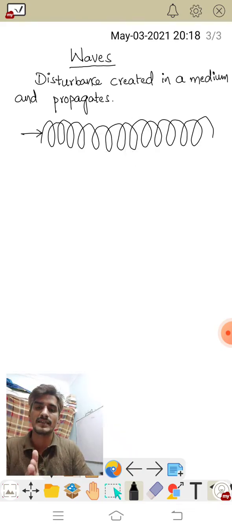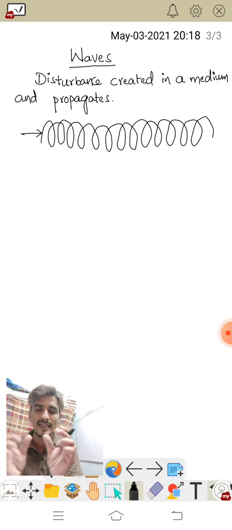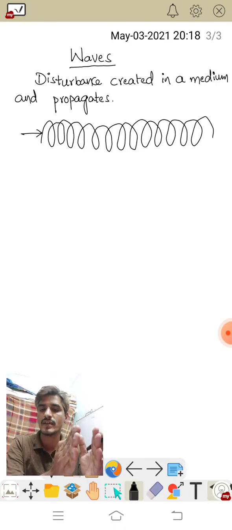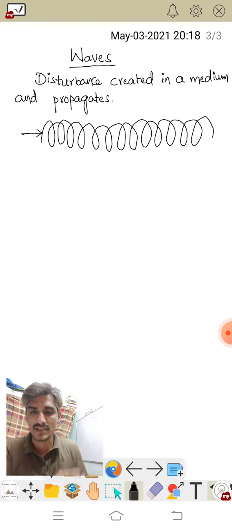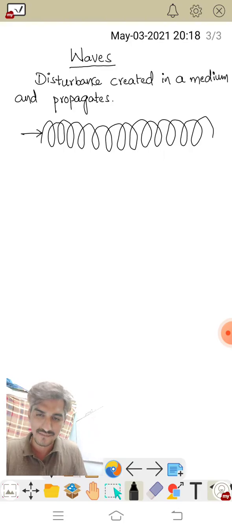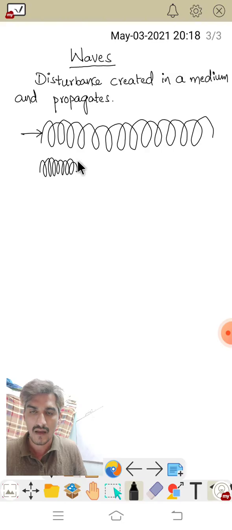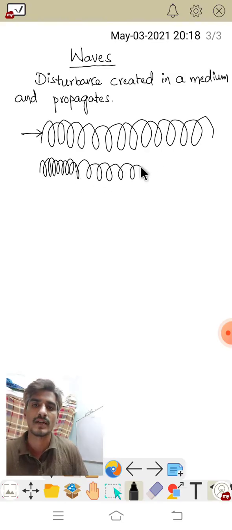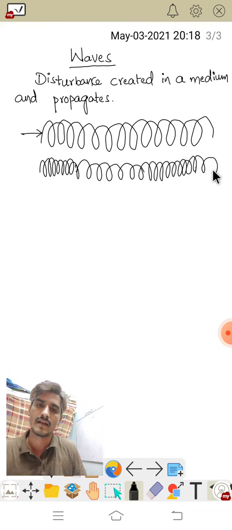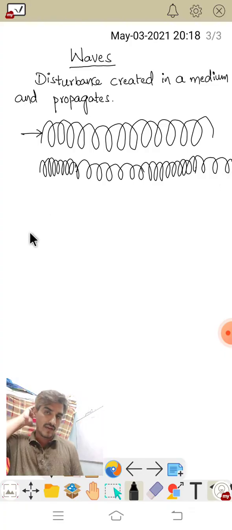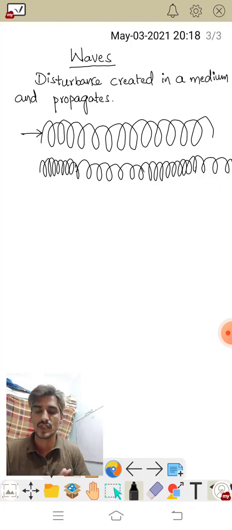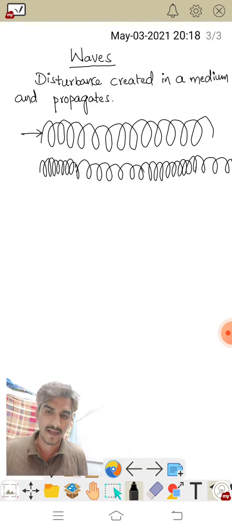Somewhere you can see compressions, and somewhere there is a big difference between these threads. It will be formed like this. Again compressions, again like this. This type of arrangement will be generated in that spring. Am I right or not?